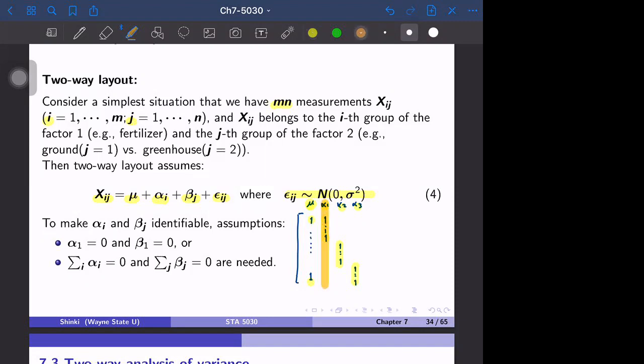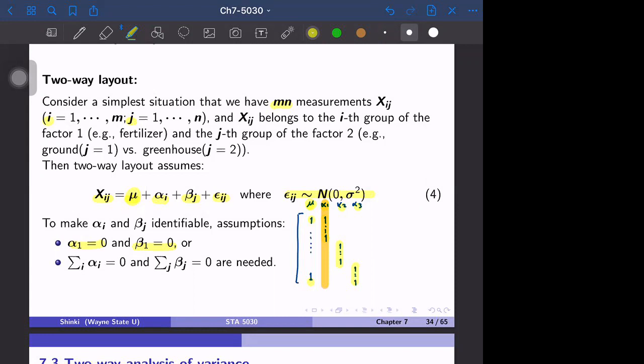One way is to assume alpha 1 is equal to 0 and beta 1 is equal to 0. In this case, mu represents the baseline yield for the first level of the first factor and the first level of the second factor.